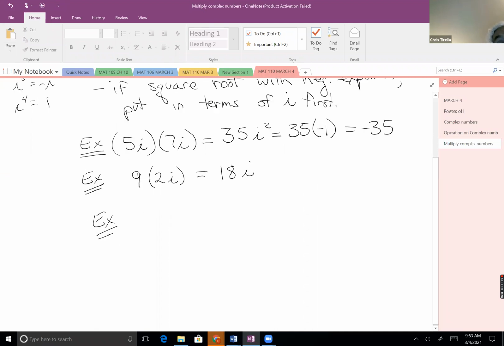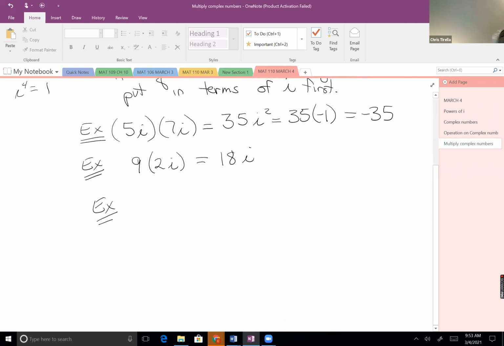Next example, we're going to again take the product of two purely complex numbers, but it's going to look a little different. We're going to have the square root of -2 times the square root of -18. And again, you can't just go through and multiply this first. You have to put them in terms of i.